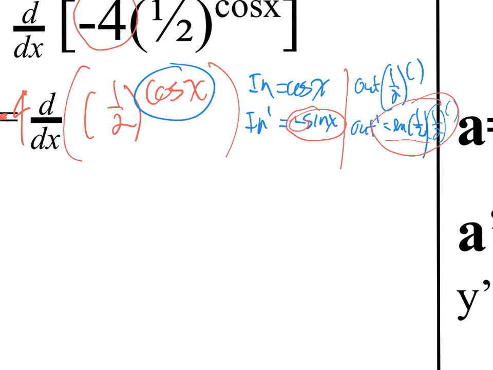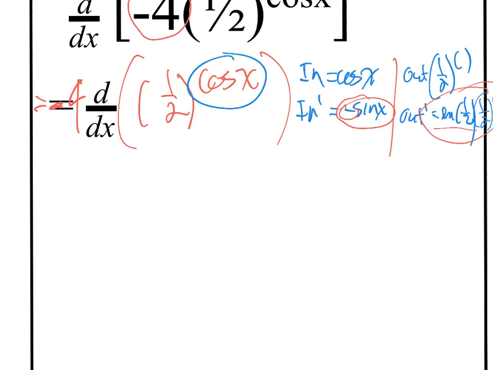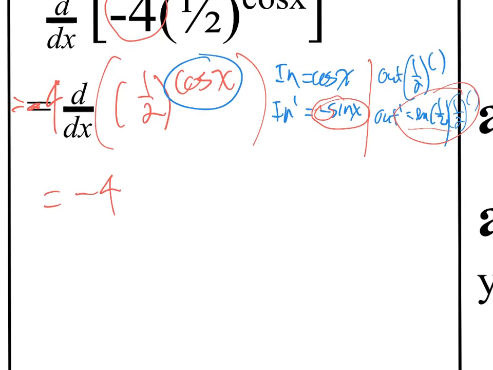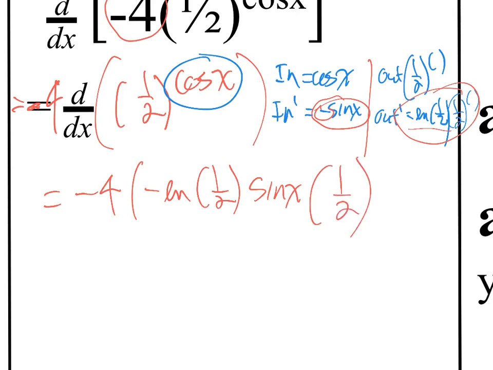So I've got to multiply the negative and the ln of 1/2. So this is going to equal -4 of negative ln 1/2 times sine of x multiplied by 1/2 to the bracket.